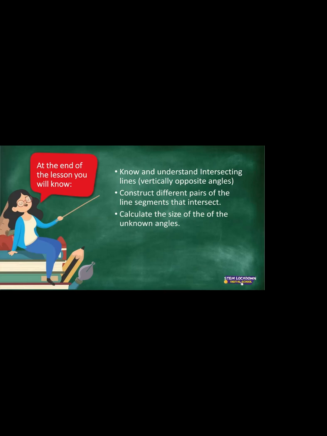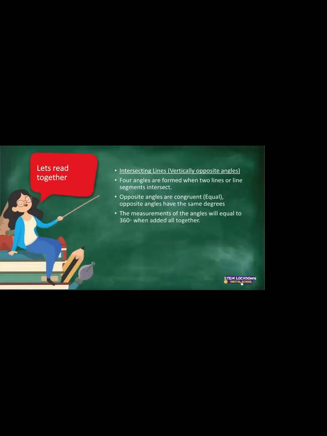It's similar to the ones we were doing, which was straight lines and perpendicular lines, because we are still on that topic. The last objective of today is to calculate the size of the unknown angles. We all know about calculating the sizes of the unknown angles, right? Okay, so let's move on to the next slide.